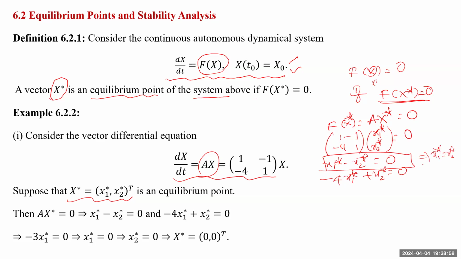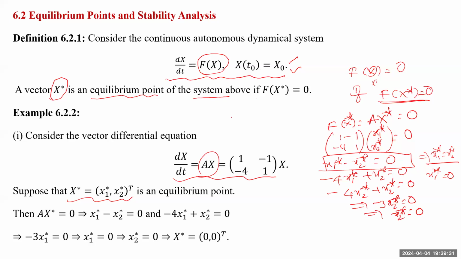Substitute that in this one: minus 4 x2 star plus x2 star equals 0. That implies minus 3 x2 star equals 0, so x2 star equals 0. In the first equation, x1 star equals x2 star, therefore x1 star is also 0. So totally, what is your equilibrium point?